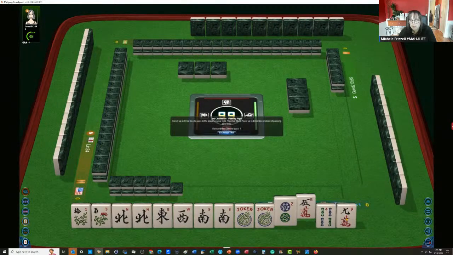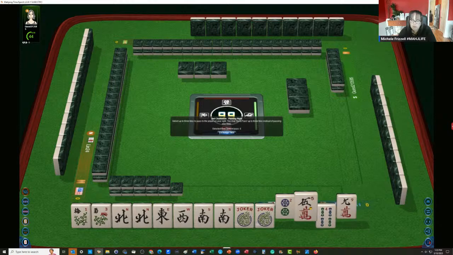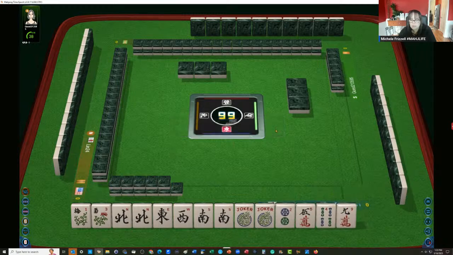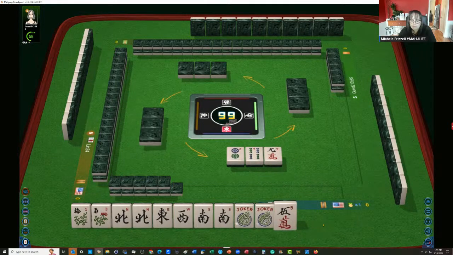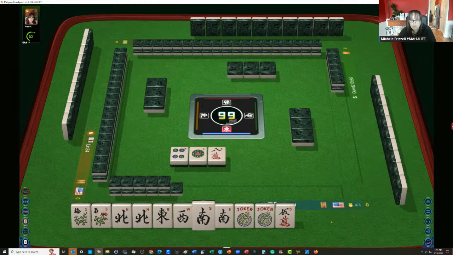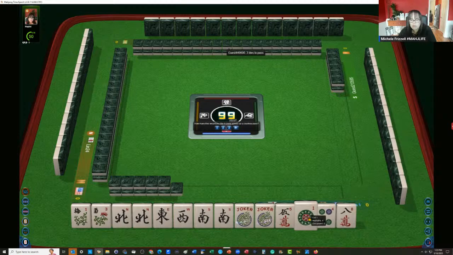East, west, south would be ideal. 2, 5, 9. That 5 is the same suit as the 9. So I think I would do 2, 4, 9. Let's see if we can get one more wind. East, west, south. Nope. That's okay though. We've got good tiles to pass and they want 3.